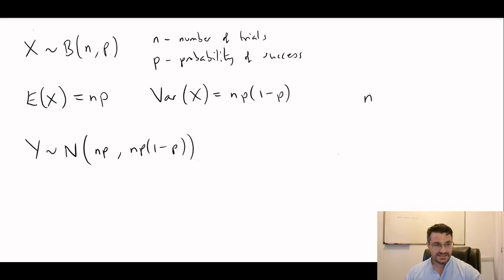But let's say if you've got n times p greater than or equal to 5, then if you use a normal approximation, you can expect to get reasonably good approximations. That's not saying that you can't use a normal approximation if n times p is less than 5. It's just that the approximation is not necessarily going to be any good.